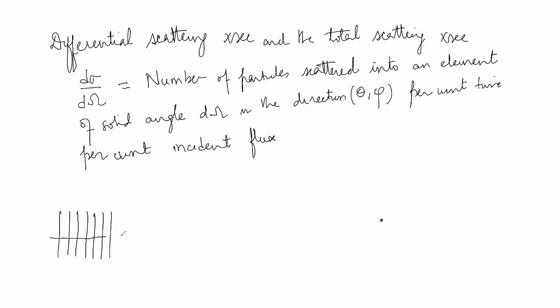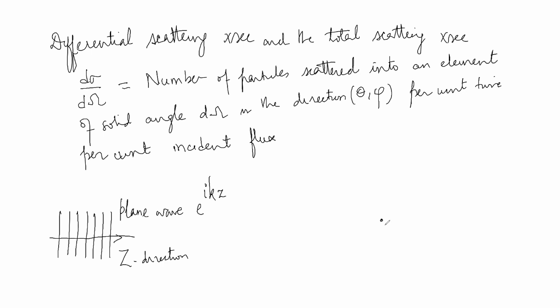Now, if the particles are coming along the z direction and there is no potential, then for all practical purposes we can represent the wave function by a plane wave given by e to the power ikz.